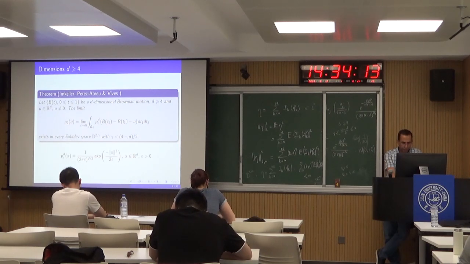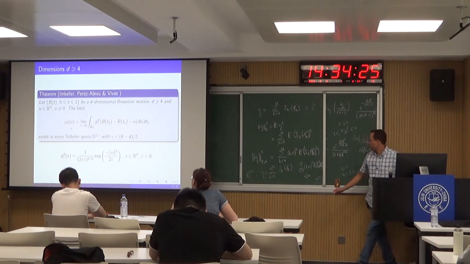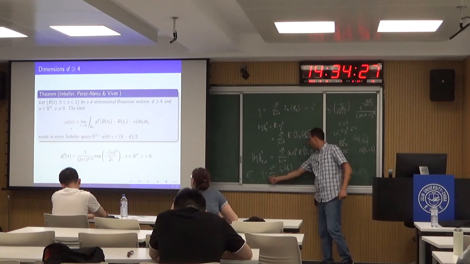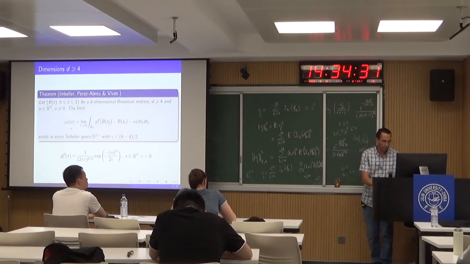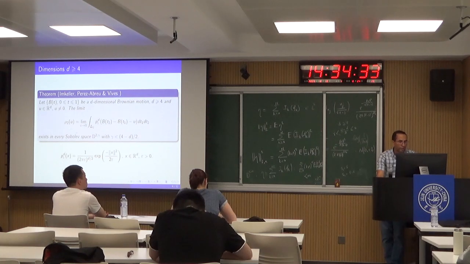Moreover, we have the Itô-Wiener expansion of this generalized Wiener function. Any generalized function, by definition, can be written like this. So the Itô-Wiener expansion of this ρ2 of u, even in dimension greater or equal than 4, is the same as before.